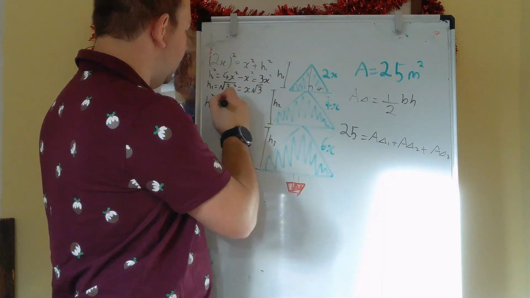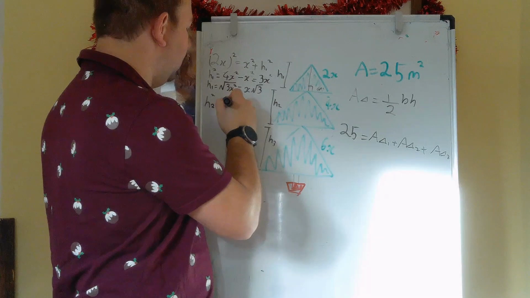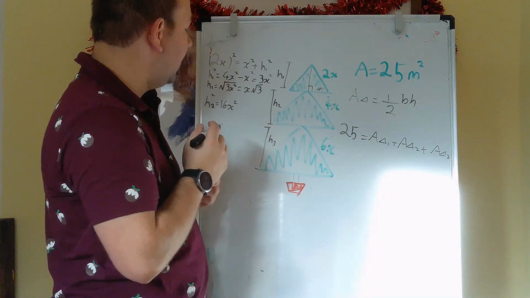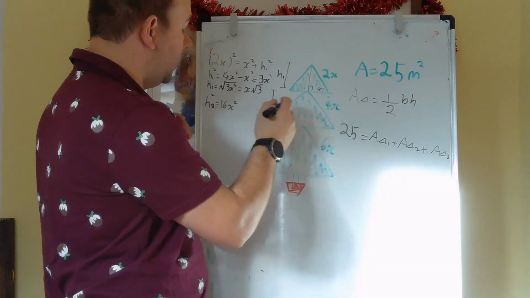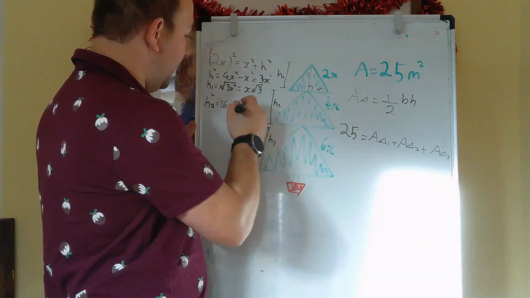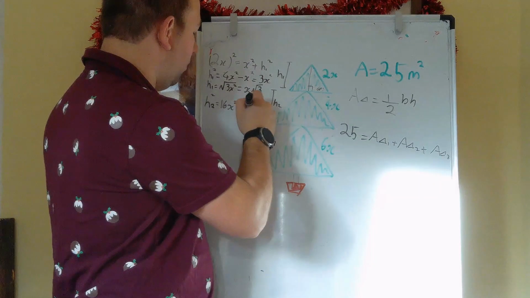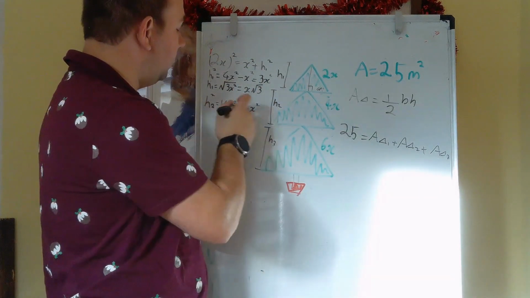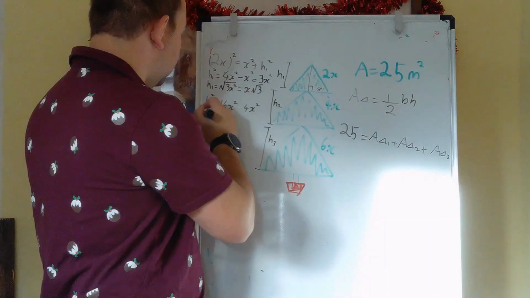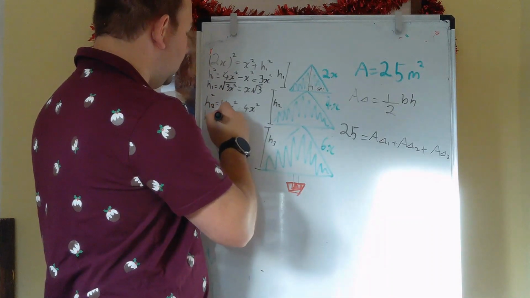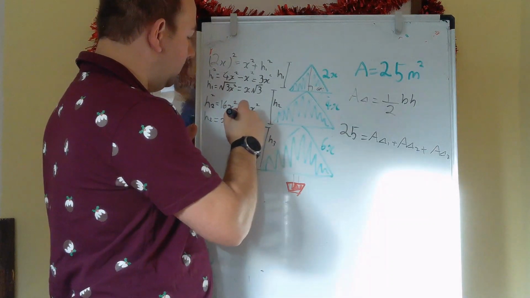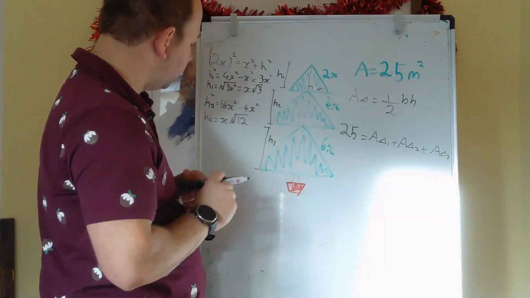So we're going to have 16x squared, so 4 times 4 is 16, and the x squared, minus 2x squared, which is going to be minus 4x squared. So this is going to reduce down to 12x squared. So h2 is equal to x square root 12.